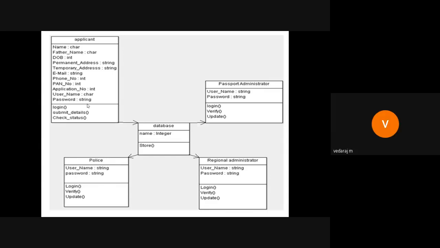Tell me the correct syntax. Name, followed by a colon, then followed by character or string. You should mention all the data types in a class diagram in uppercase. Here it is in small case, but uppercase is the best practice. It's not a rule, it is the best practice. Data type should start with an uppercase letter in UML diagram. Very good. Number 1, the first attribute is the patient name.